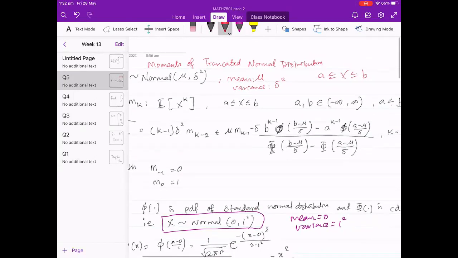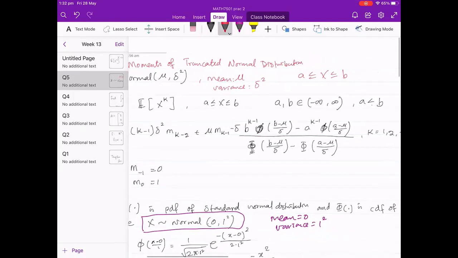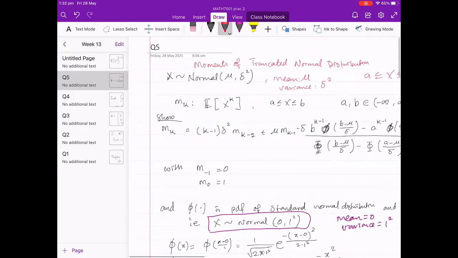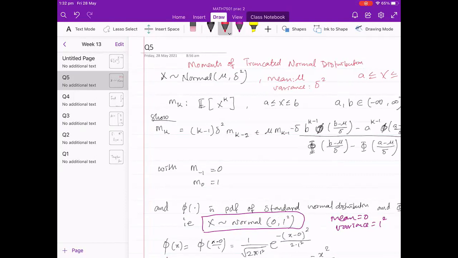It's not on the entire line, but between A and B. Let m_k be the kth moment, which is the expected value of X to the power k.